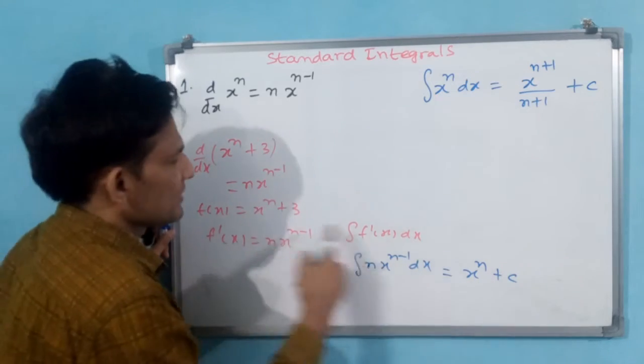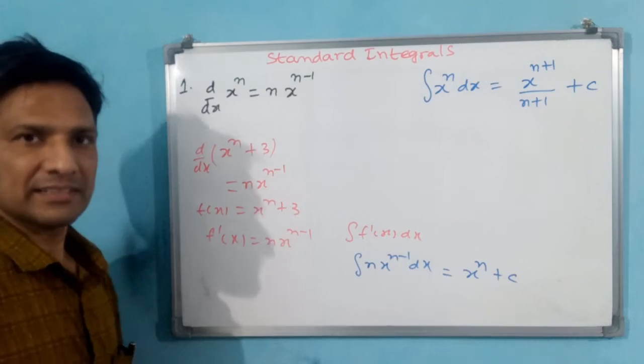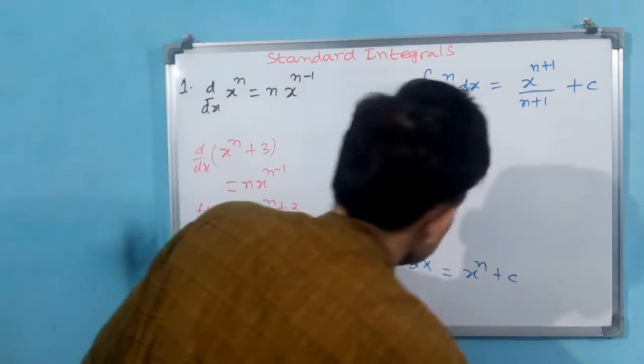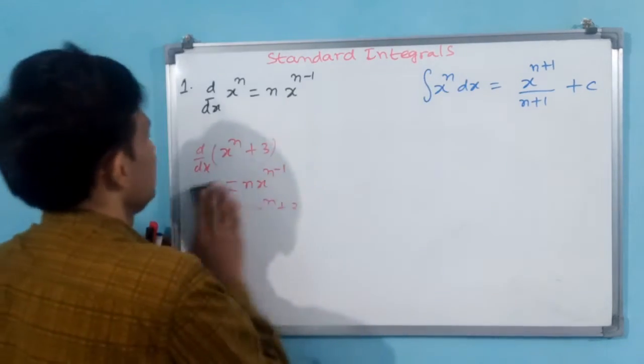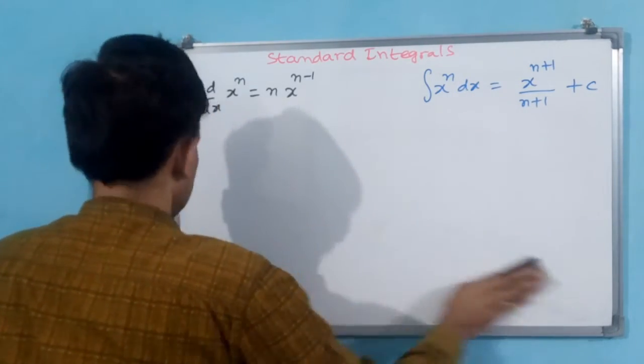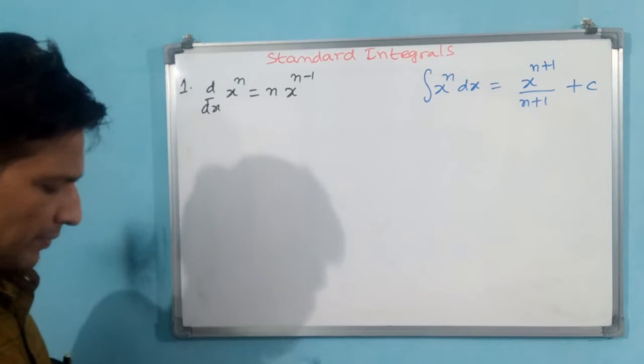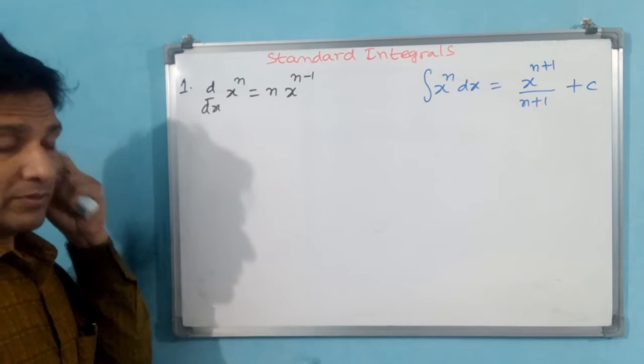Why? Because this 3, how much constant, you don't know. That is why you write constant c. That's all. That is a good practice. One by one we go.